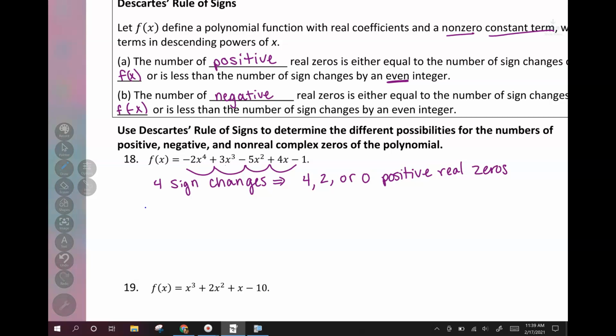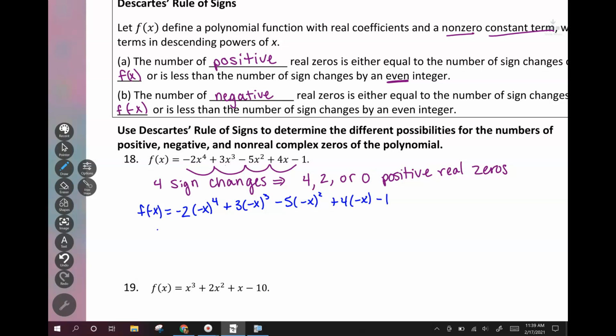Now let's do f of negative x. We have to find that first in order to do part B. So we're plugging in negative x for x. Okay, let's simplify that.